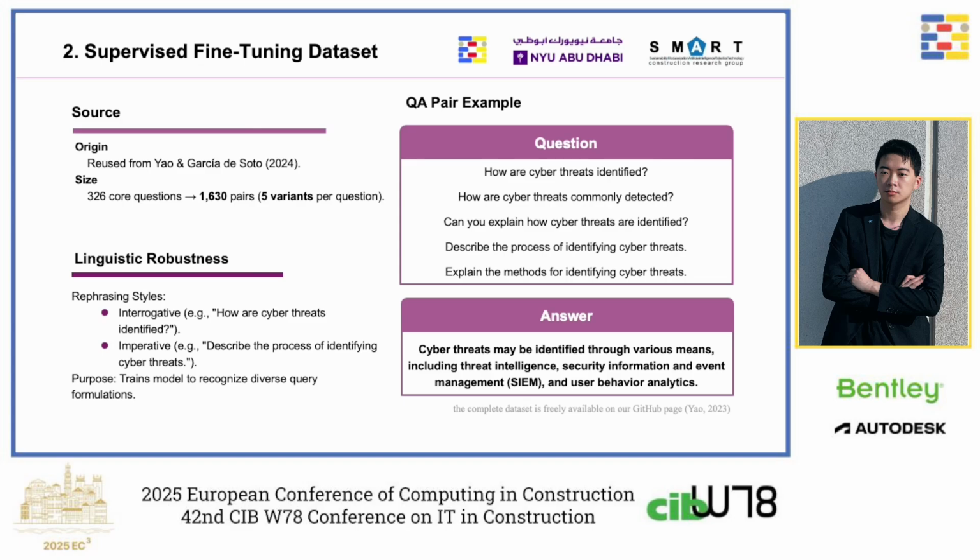This deliberate diversity in prompt engineering is important. It teaches the model to recognize and respond accurately to different real-world user queries, significantly enhancing its linguistic versatility and robustness, which is important for reliable deployment in practical scenarios across all project phases.